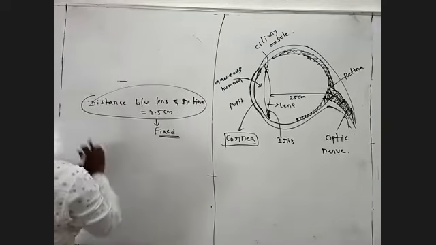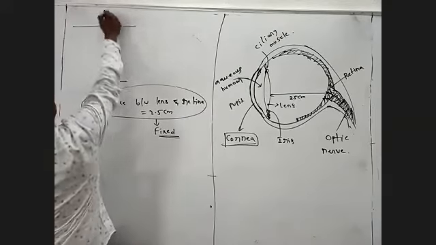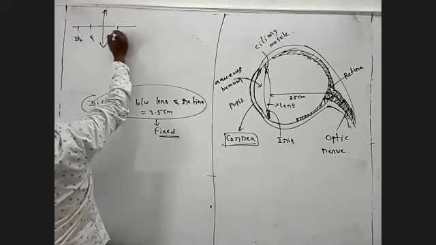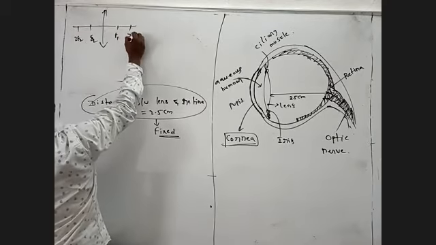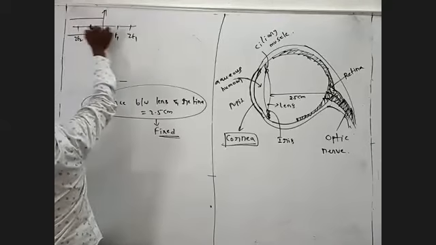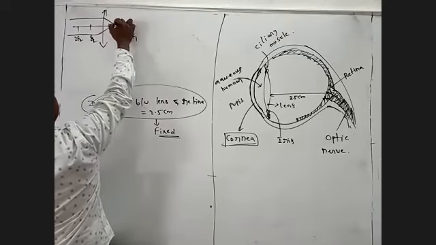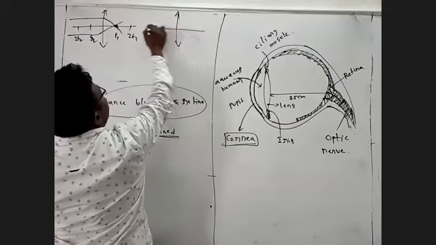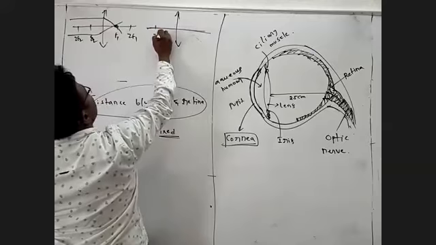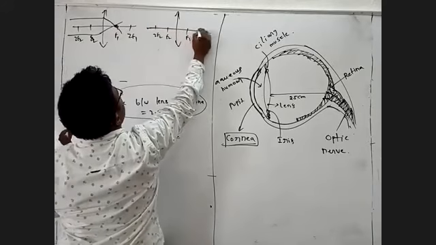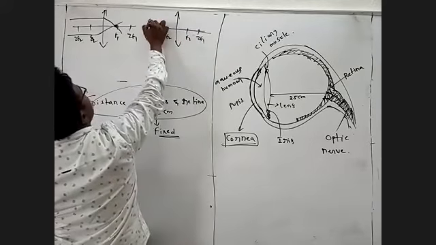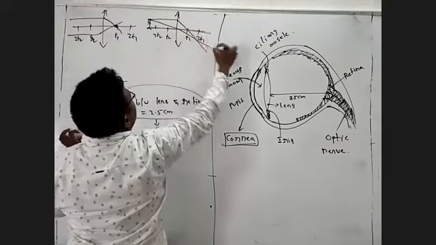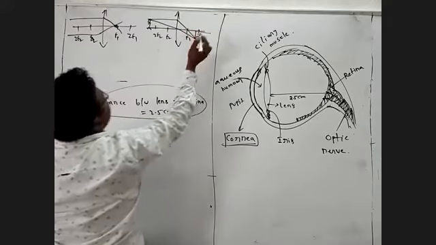For example, in the first case, this is a convex lens with 2F2, F2, F1 and 2F1. When the object is placed at infinity, the image forms here. When the object is placed here, the image forms here.